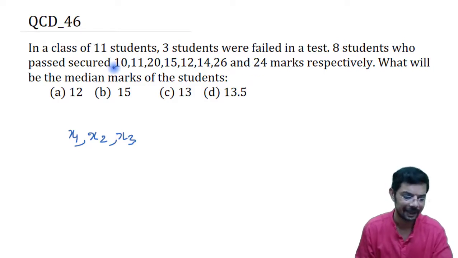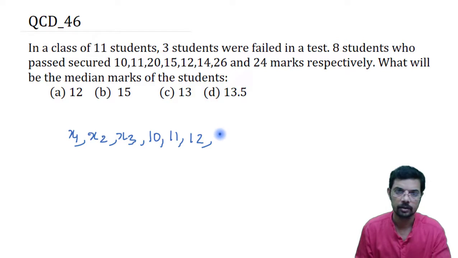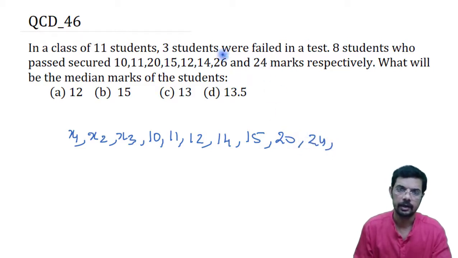So this will be 10, then we have 11, then 12, then 14, then 15, and then 20, and then 24, and then 26. Okay, there are 11 students: 1, 2, 3, 4, 5, 6, 7, 8, 9, 10 and 11. So we have written all of them in ascending order.